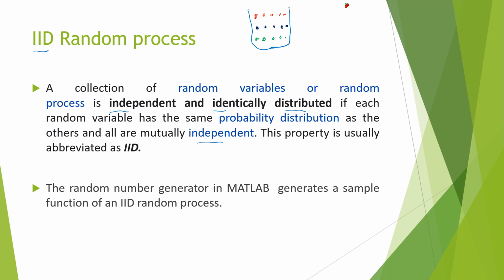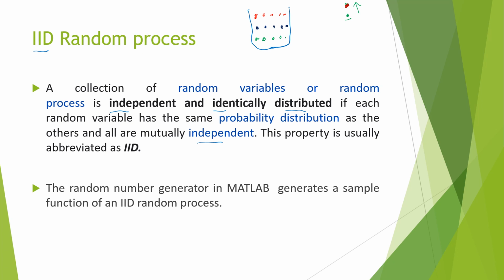Suppose it happens to be green. Now the outcome of the second experiment depends on the first outcome, because the number of balls in the second case is not the same as in the first case. The number of red balls is less. So they are not mutually independent.